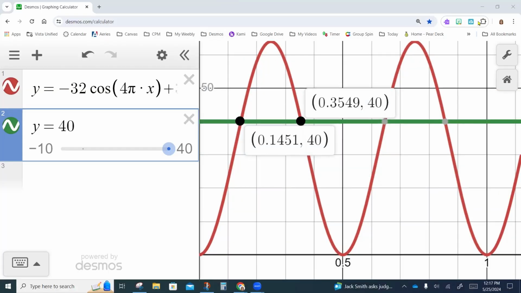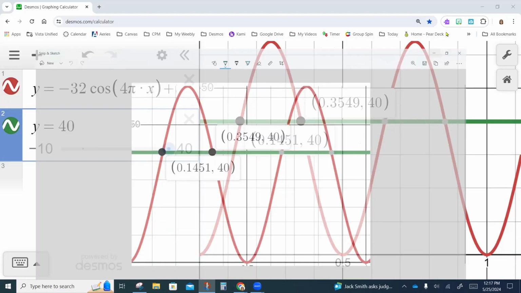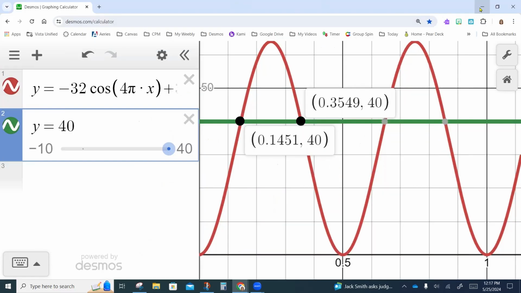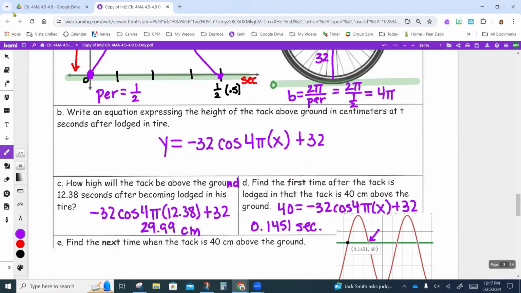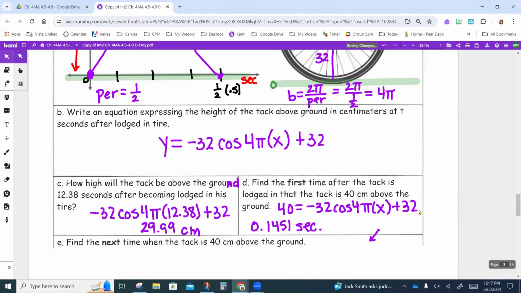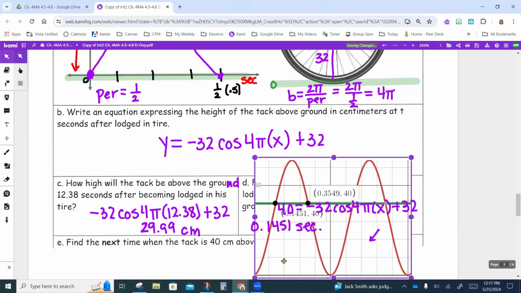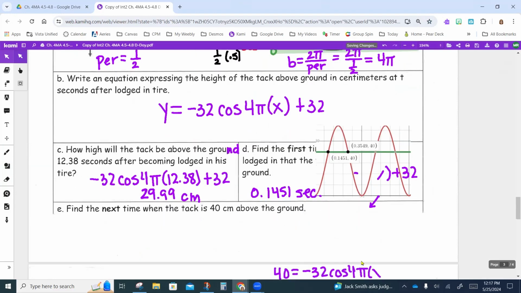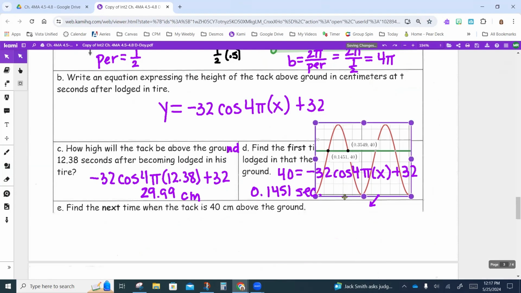Come back here. I'm going to take this one, get rid of that one, and put this one. I want to grab this.